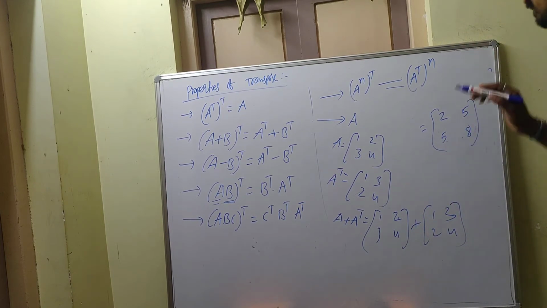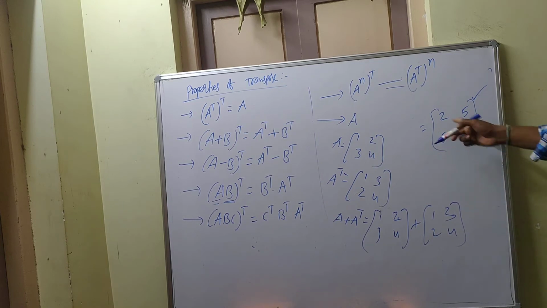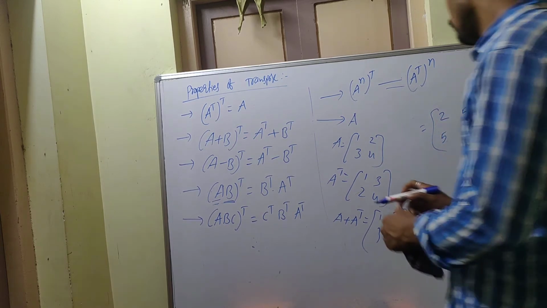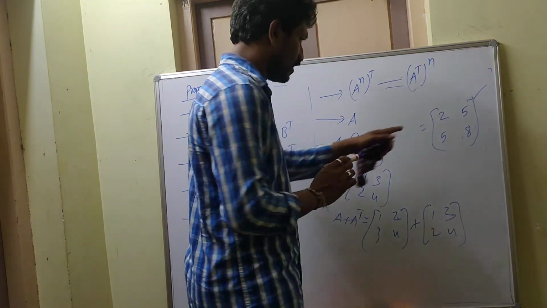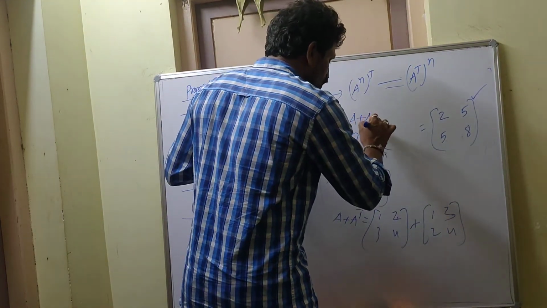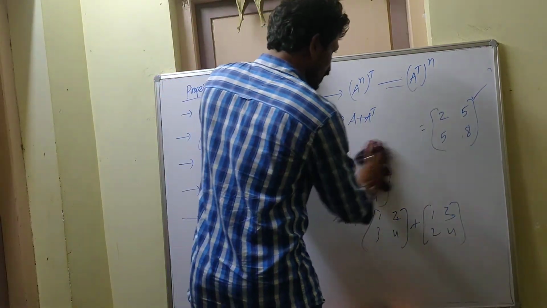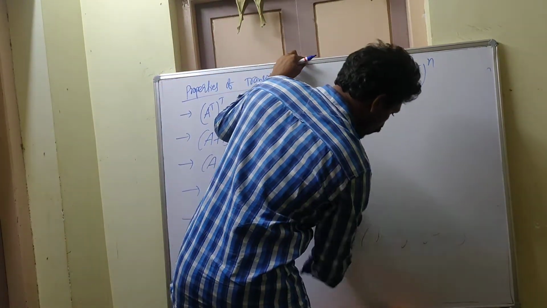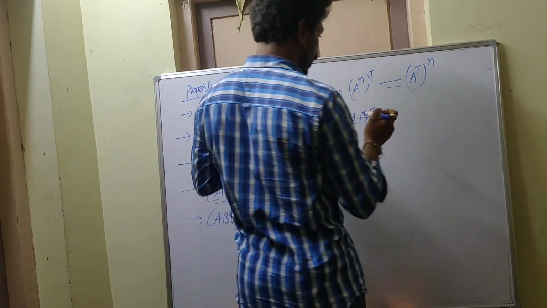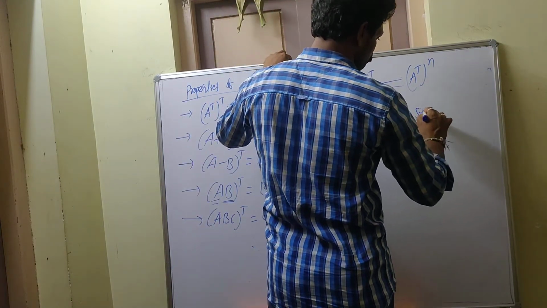This is nothing but a symmetric matrix. A plus A transpose is always a symmetric matrix.